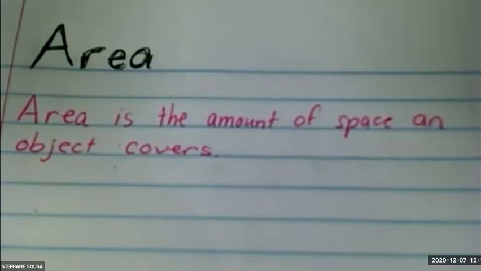One of the main ways that we hear about area inside of our lives daily is when discussing the amount of space that a building covers. So if you are ever looking for an apartment or a house one day, they will describe to you the square footage that that apartment or that house takes up.